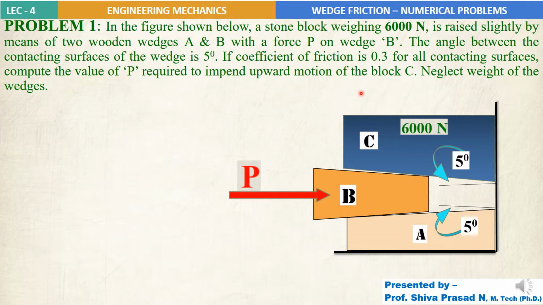That's what is asked. Neglect the weight of the wedges, that is, the self weight of wedges A and B can be neglected. That is what is given in the problem again.